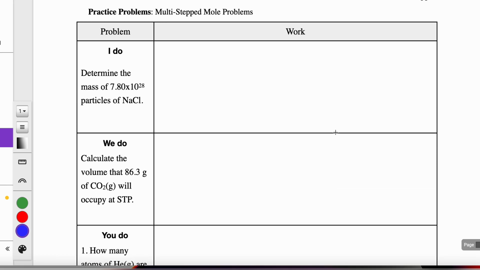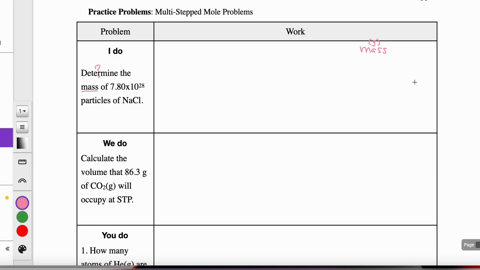So map it out. I see in this question the word determine. When I see something like determine or how many or calculate, that is what I need to achieve. So it says determine the mass. That means when I am done with this calculation, the last thing standing mathematically needs to be the mass of the substance, and its unit will be in grams.